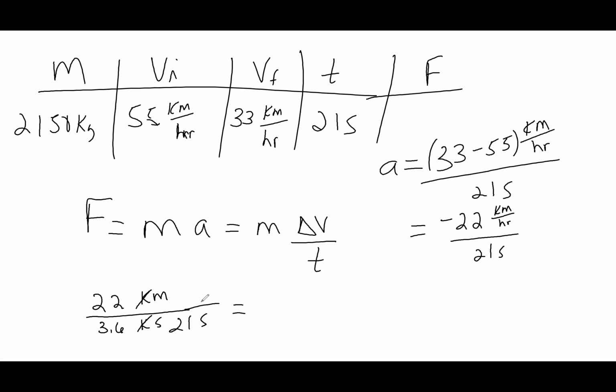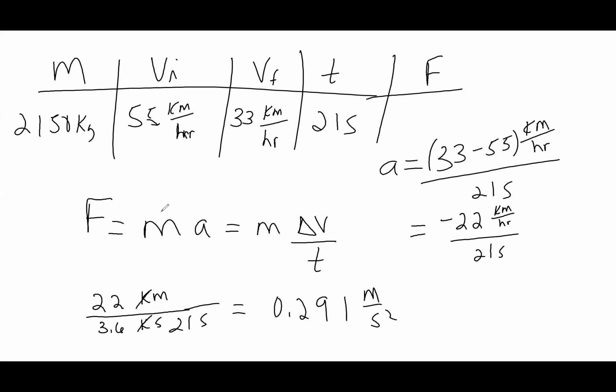Therefore, I will get 22, divide 3.6, divide 21. I have meters per second per second, which is meters per second squared, and that'll give me my acceleration. So that's what we have to do first. And when we did that, you should have gotten 0.291 meters per second squared. That's my acceleration.